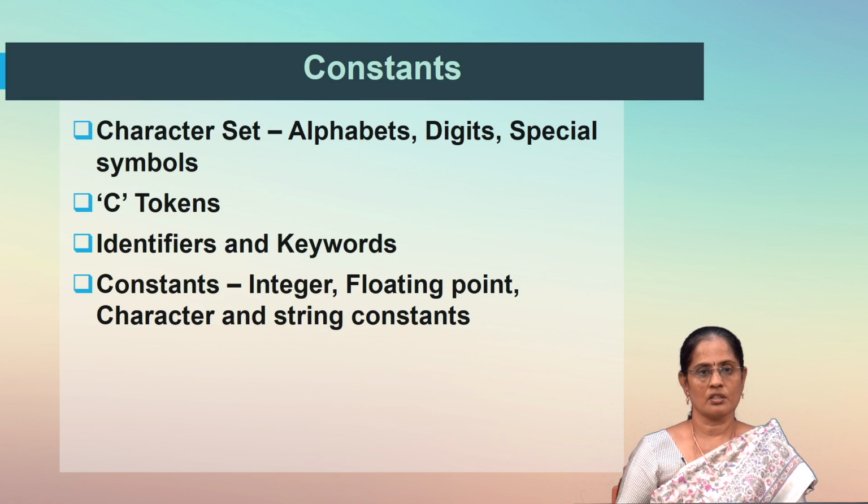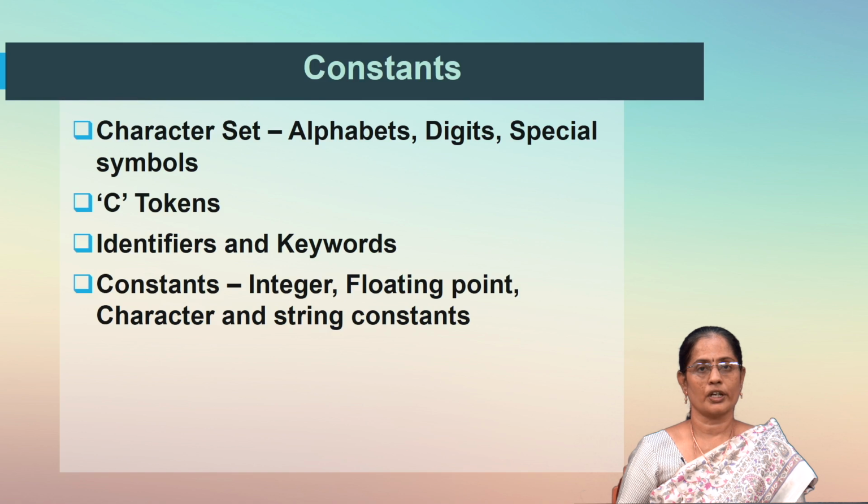Also, it includes the special symbols, as we have seen in the table. The special symbols are meant for special purposes, so those are also included under the character set. Apart from this, blank spaces, new line spaces, and non-printable characters like carriage return and form feed are also allowed in the character set.